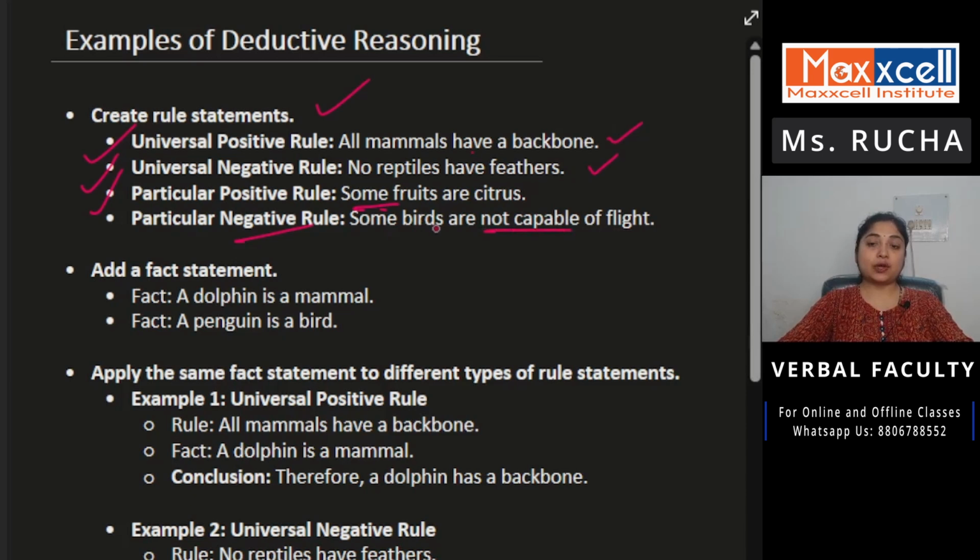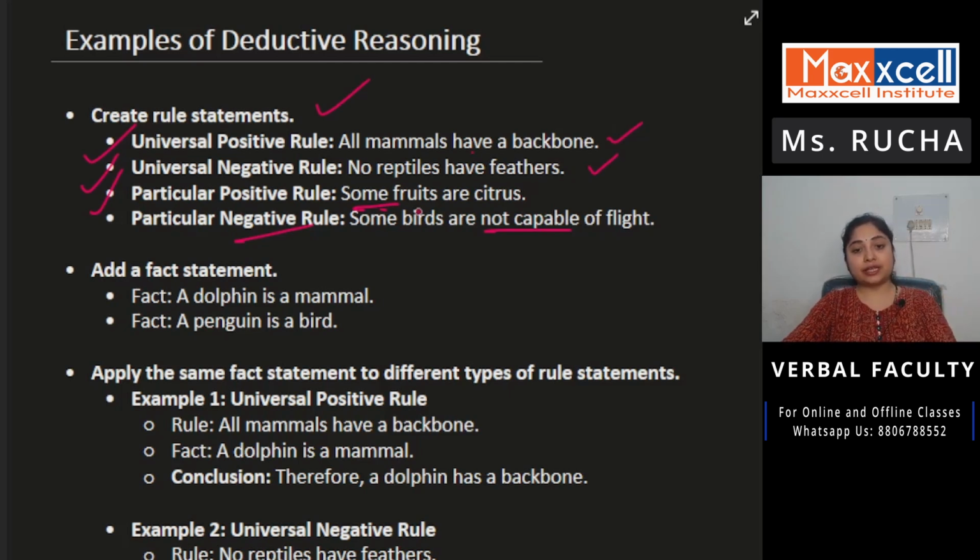Now, we are not saying all of them are not capable, or else we are not saying all the fruits are citrus. We are saying some of them are citrus. We are saying some birds are not capable of flight. So some are capable and some are not capable. Some fruits are citrus and some fruits are not citrus.